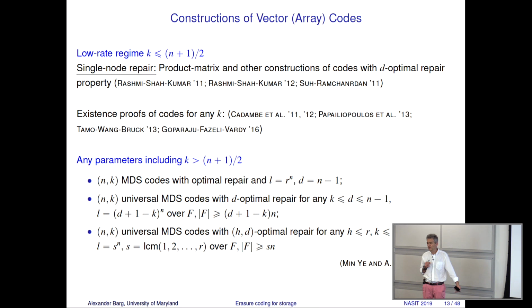You cannot do optimal repair if you do not allow yourself exponentially long columns. At the same time, small field is still a boon here, because what they did previously, they had both exponential field and exponential sub-packetization. So at least this is as much as we can hope to gain in this problem.